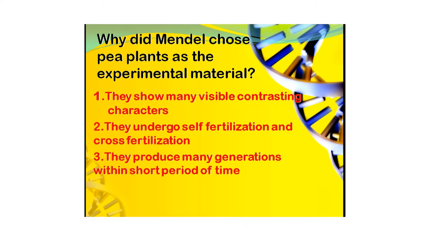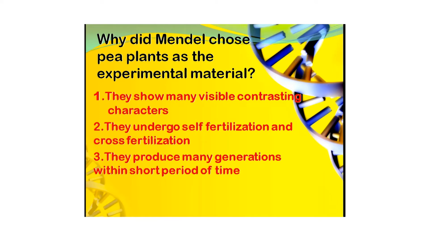On the other hand, when we talk about cross pollination, the pollen gets transferred from anther to stigma of a different flower and a different plant. So this pea plant is feasible to undergo both the modes of pollination, like it can undergo self-pollination and can also undergo cross-pollination. So that actually made Mendel's work very easy when he was experimenting on pea plant.